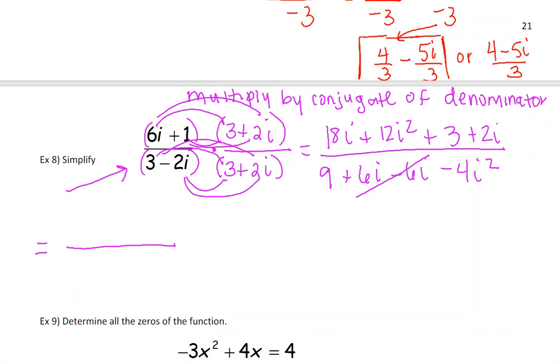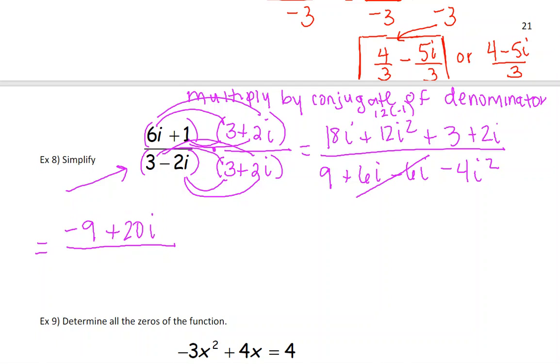Now what I'm going to do next is simplify the numerator, and then simplify the denominator. I know that i squared right here is a -1. So this is a -12 plus 3, which is a -9. And then if I combine 18i and 2i, I get 20i.